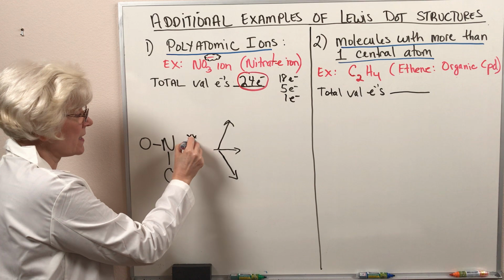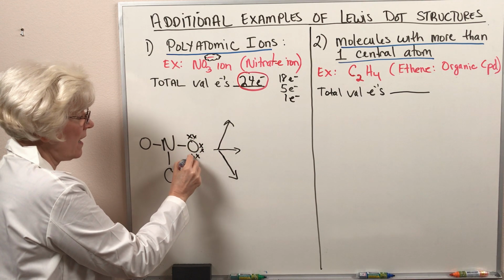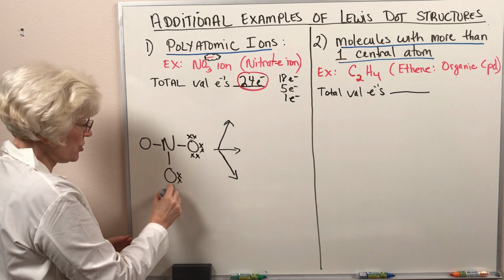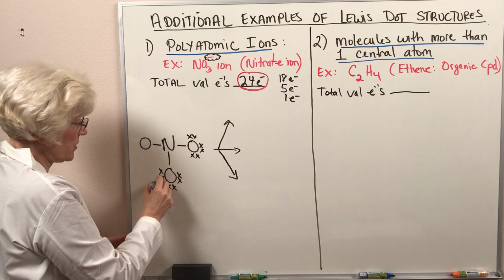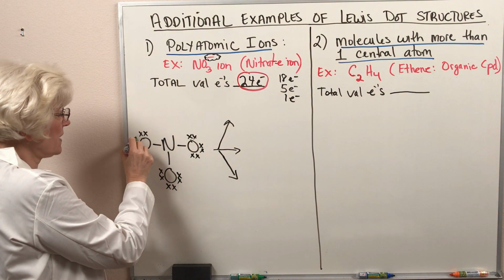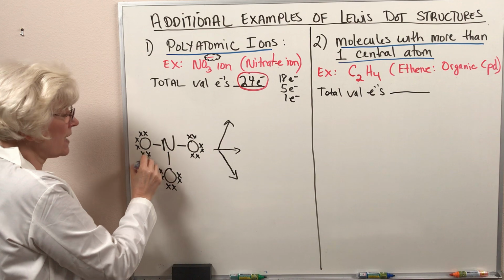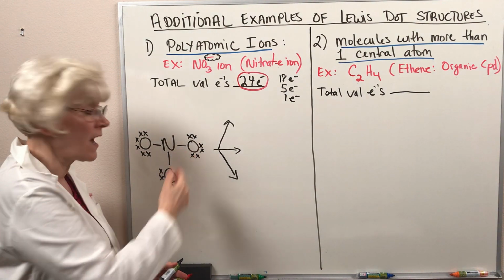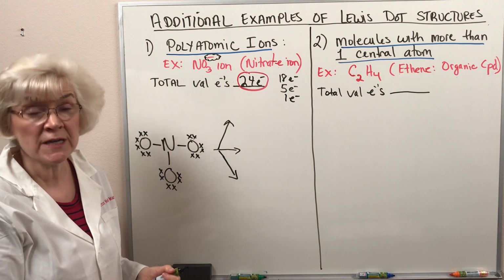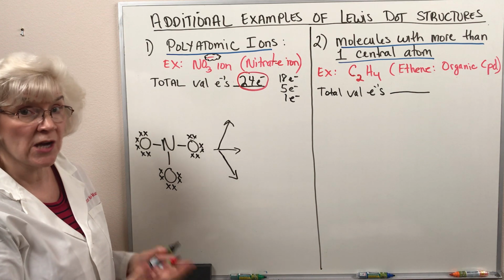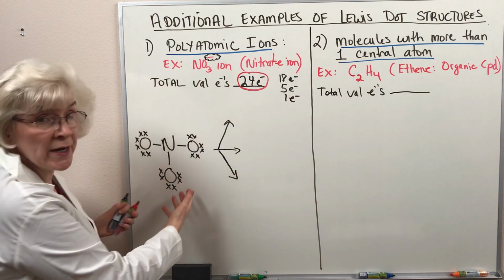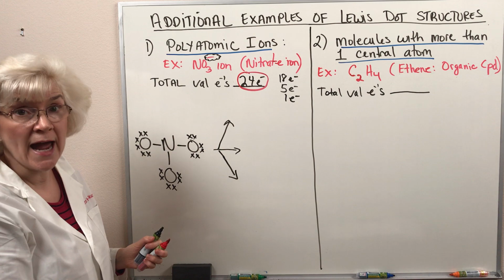We're then going to complete the octet of the surrounding or terminal atoms first. So I am going to place 6 extra electrons on each of the oxygen atoms to give each one of them their required octet. Now we're going to stop and see where we're at.